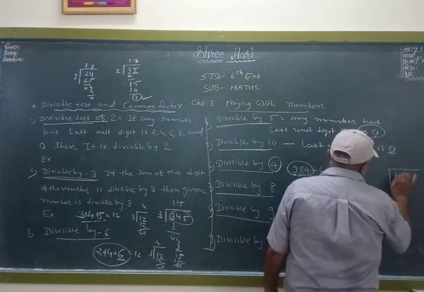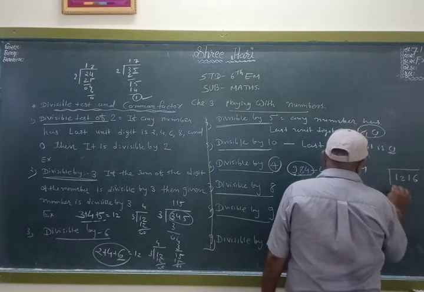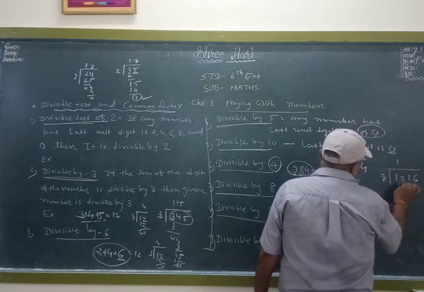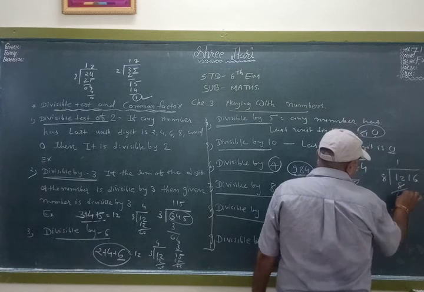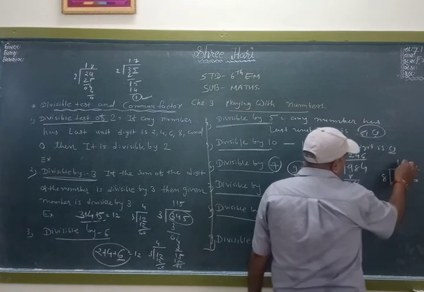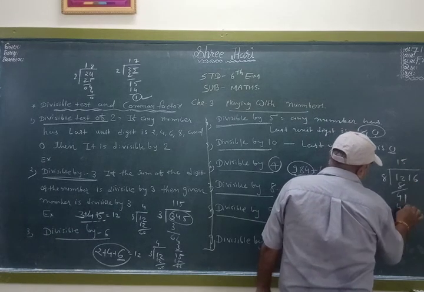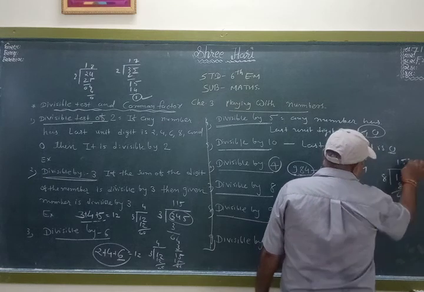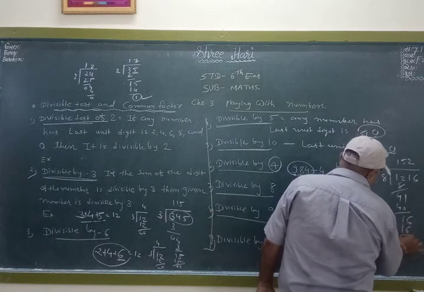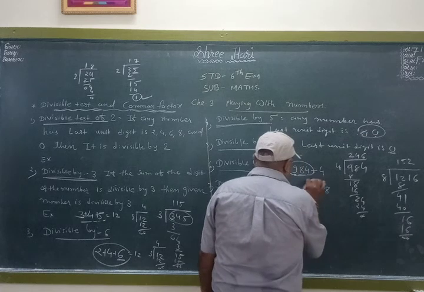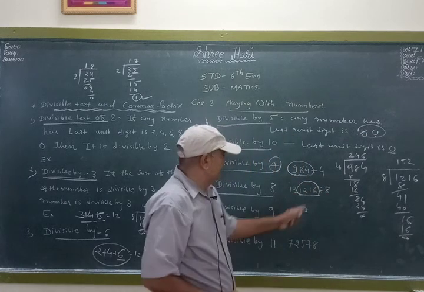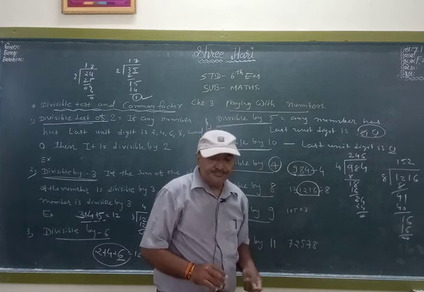Suppose 12 and 16 by 8. 8 1s are 8, 8 2s are 16. So we take 4 places here in the divisibility test of 8.